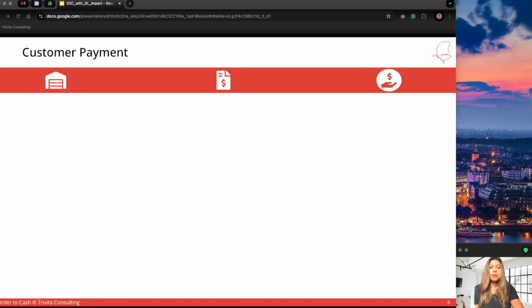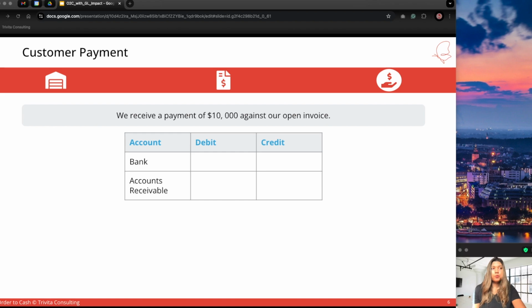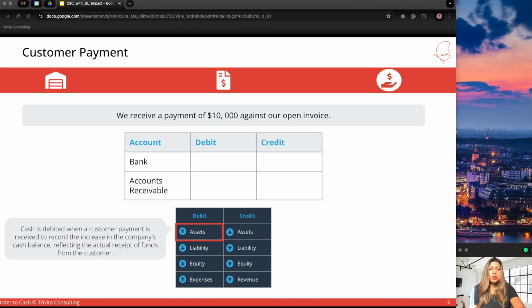The last step in the order to cash process is receiving the customer's payment. Now, when a payment is received, the following GL entries occur. So first we have the bank or cash account, and then of course AR. Since we are receiving money into our bank account, there's an increase in our assets, and thus that would result in a debit.